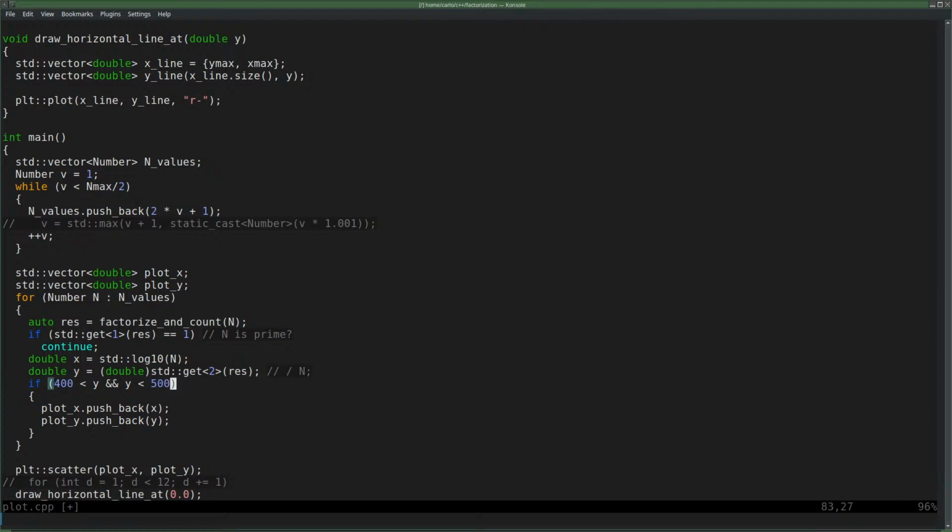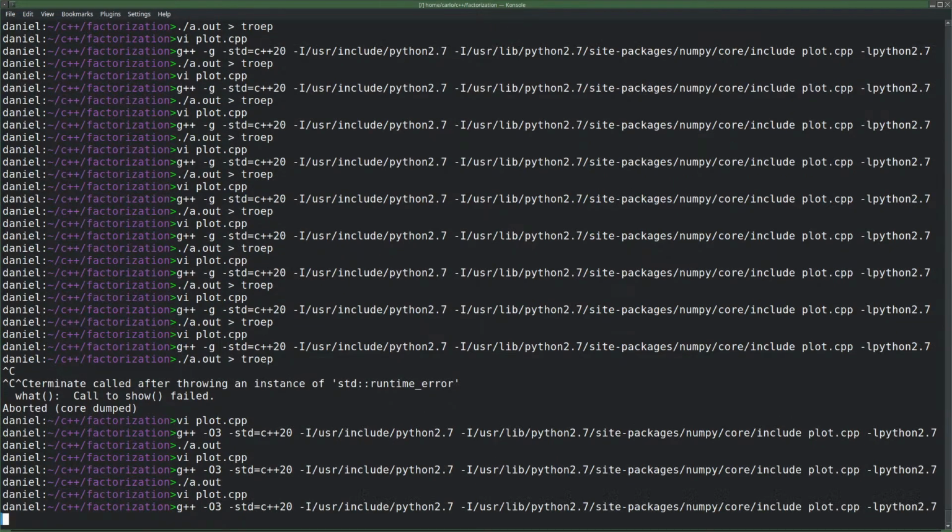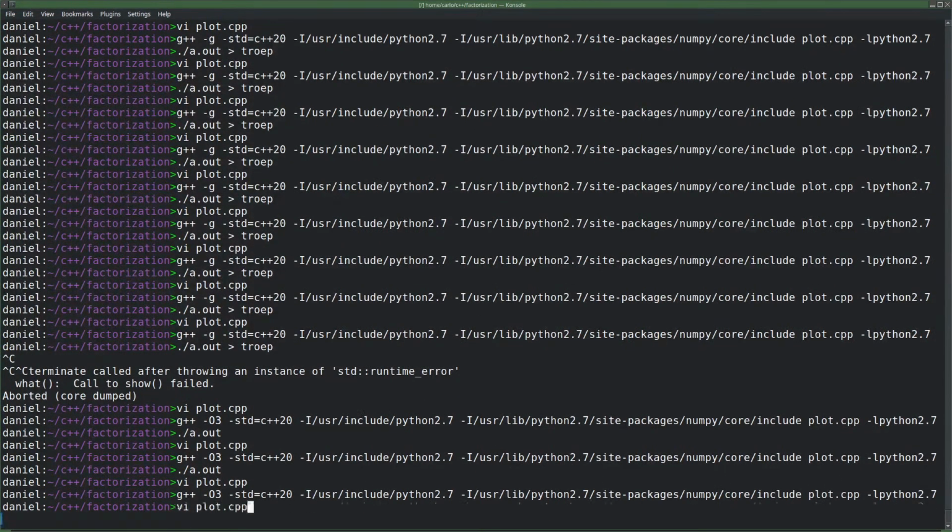And 4.5 is less than x, and x is less than 5. Yeah, now it's really bad time. It's past midnight.